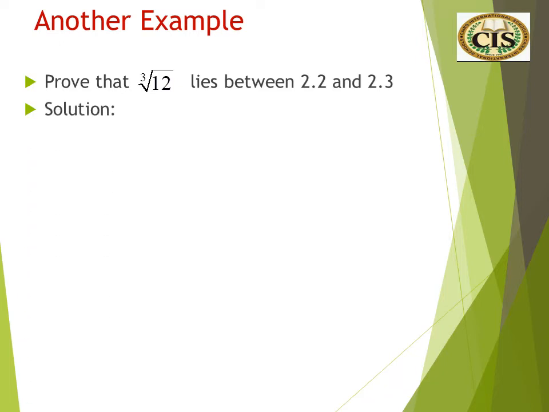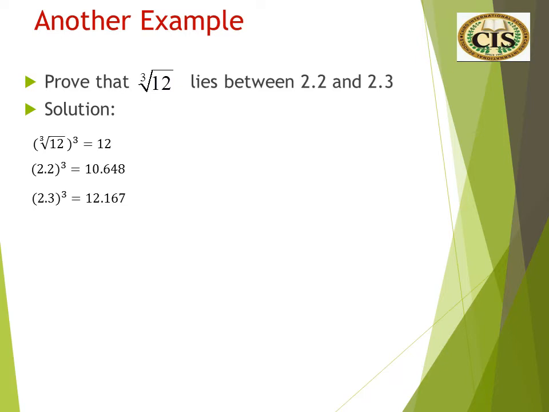Here, for the cubic root of 12, we raise the number to the power 3. Then the cubic root of 12 to the power 3 equals 12. 2.2 to the power 3 equals 10.648. 2.3 to the power 3 equals 12.167.